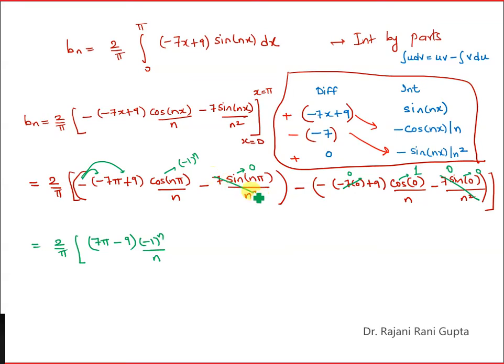This sine term is 0, so it cancels. The minus minus becomes plus, and this sine term is 0, so we have 9 over n. The last term is already 0. So this is the value of bn.